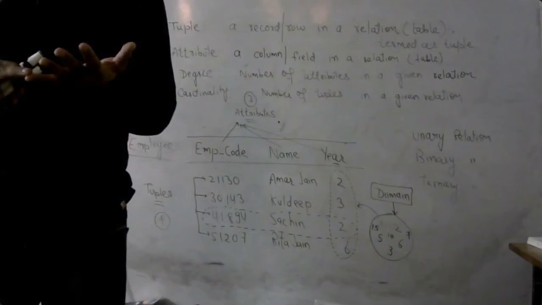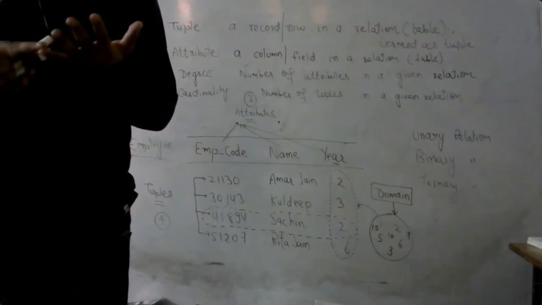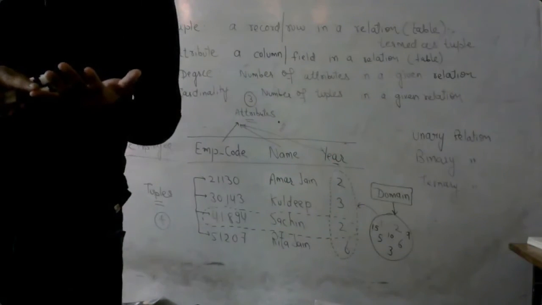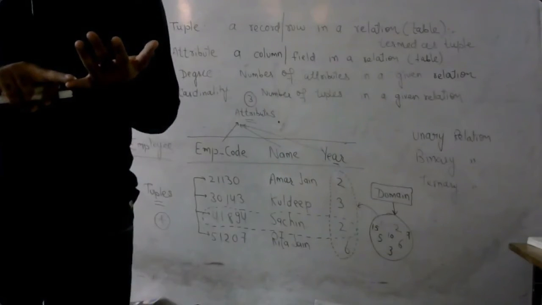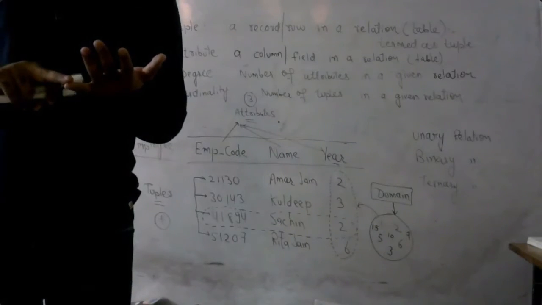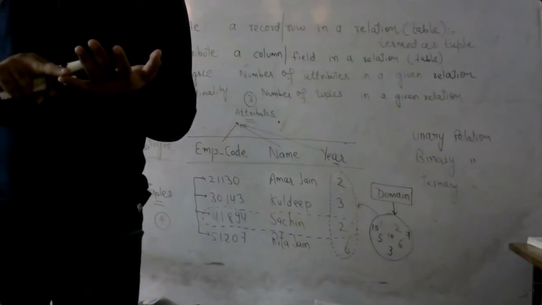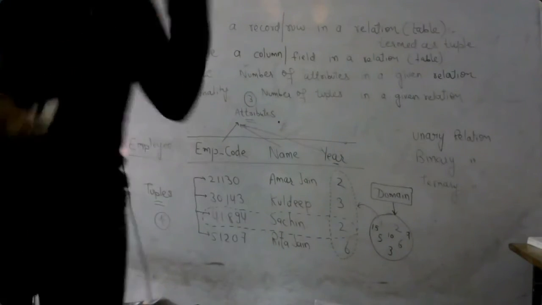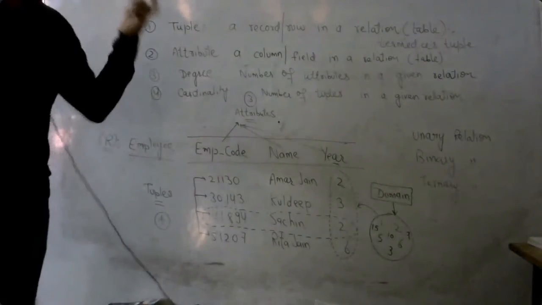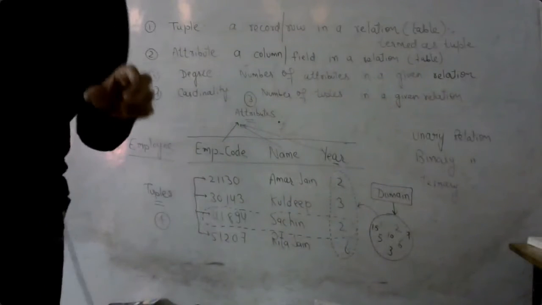A data model is a set of concepts to describe the structure of the database, and there are some constraints or restrictions the database must obey. Next point was relation. Relation means table.